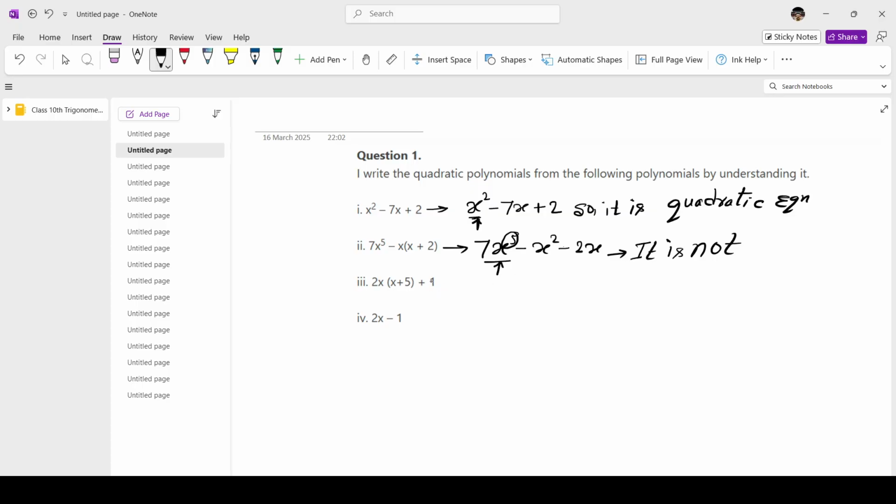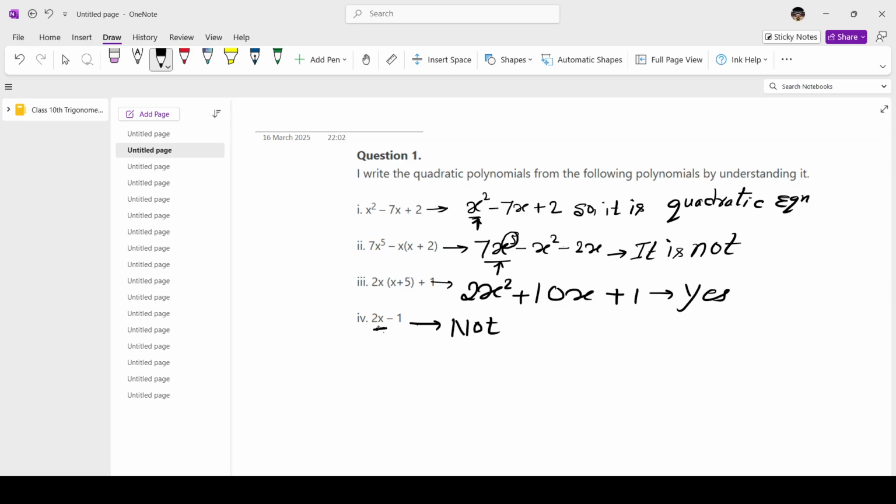Okay. Now if you see here, this will be 2x square plus 10x plus 1. So yes, it is a quadratic equation, and this is not because here the highest degree is 1.